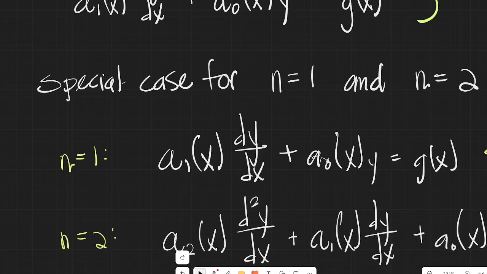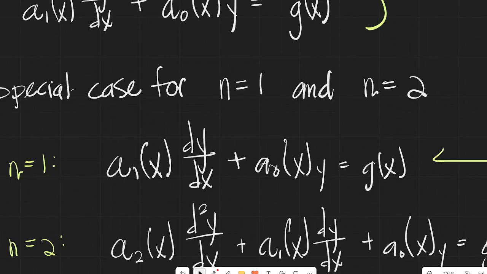This doesn't necessarily have to be a function of x, but a1 of x could equal 6 or something. But it can also equal 6x or 6x squared, e to the x. There's all different types of nonlinear coefficients that we can have for this a of x function.